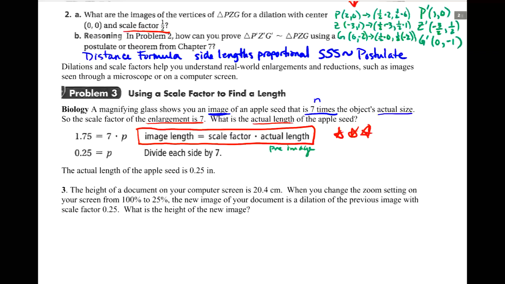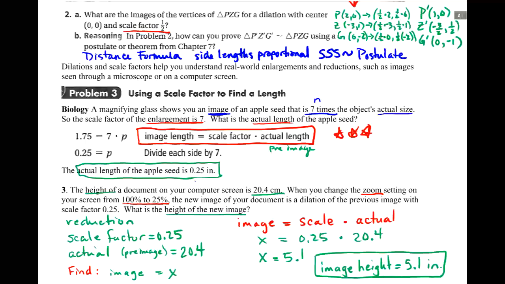We'll call it inches. We know our scale factor is 7. We want to know the actual length of the seed. We simply divide both sides by 7, and it is inches. The actual length of the apple seed is 0.25 inches. All right, why don't you try the last problem here? Hopefully you have enough information.